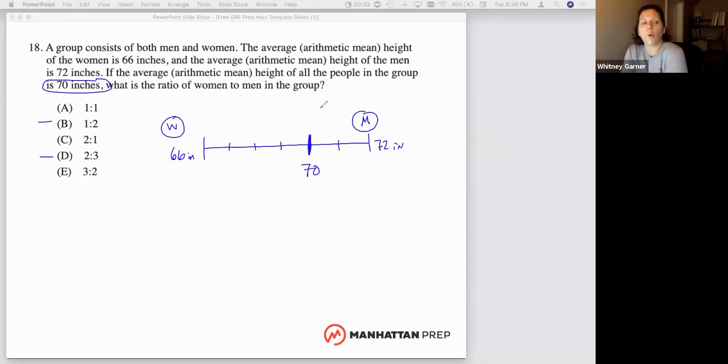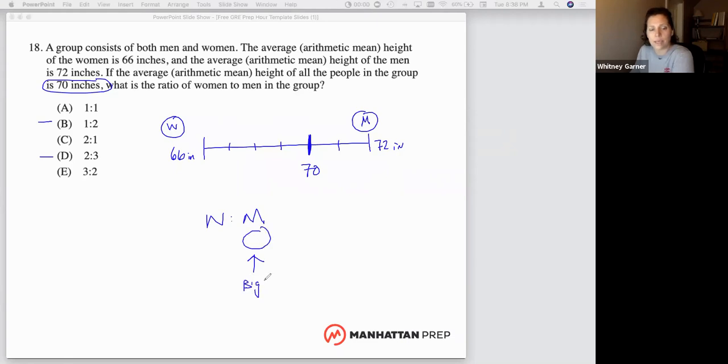That means that there are more what? Men or women? There are more men. Yep. So if there are more men in the sample, and I'm looking for the ratio of women to men, this number is going to be bigger, whatever sits there.